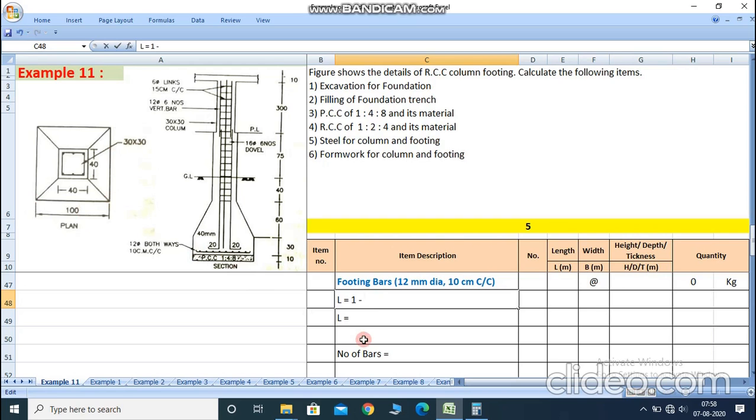Then after, at both the sides, left side and right side, cover is provided. So minus 2 times 0.05, it's the cover, plus here both the side hook is provided, this hook and this hook. So plus 2 times 9 into D.